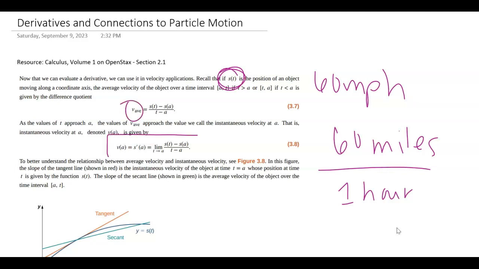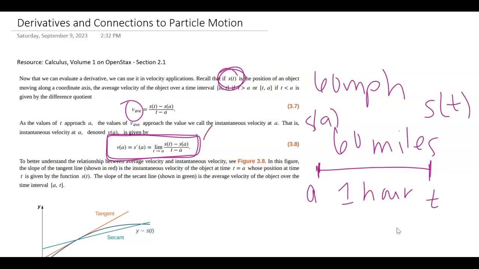So notice right here, something that we can do is we can say, okay, well, at time A versus time t, wherever S of t is, wherever S of A is, you can take that change in position over change in time and find your, like, 60 miles an hour, let's just say.